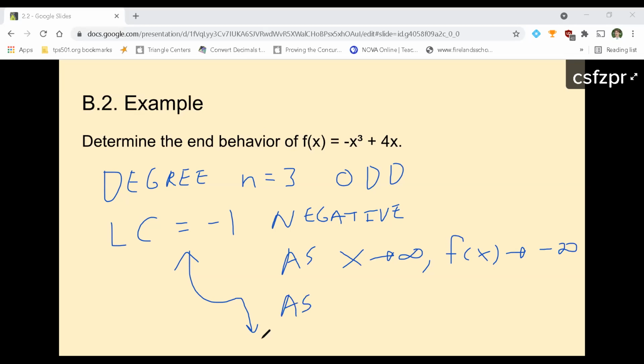And as x goes to negative infinity, f of x goes up forever to positive infinity. And again, how I got these answers is by classifying it and then looking at my notes. There's only 4 cases. n is odd, so it's one of the top 2. Lead coefficient is negative, so it's that case.